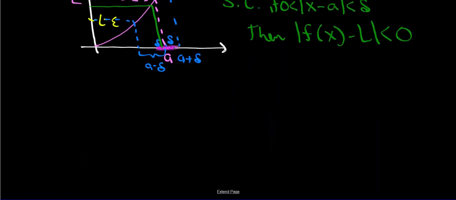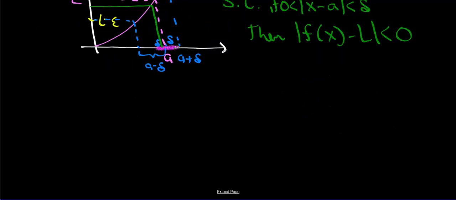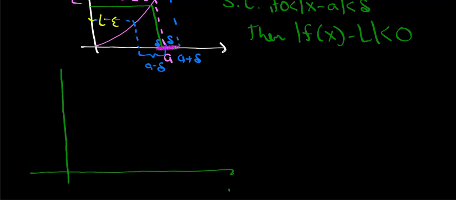Also remember this: in Cal 1, we limited ourselves to one independent variable. We had situations like this. We had a here, and let's look up here.